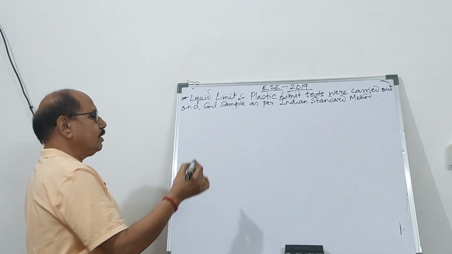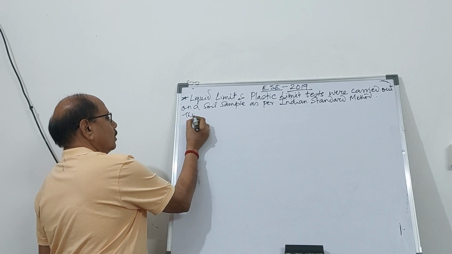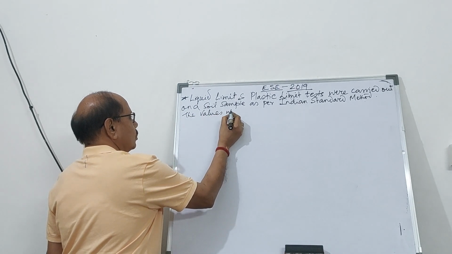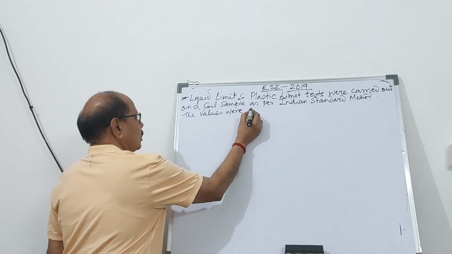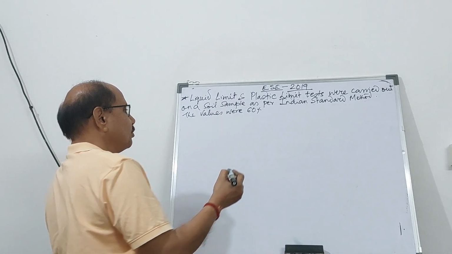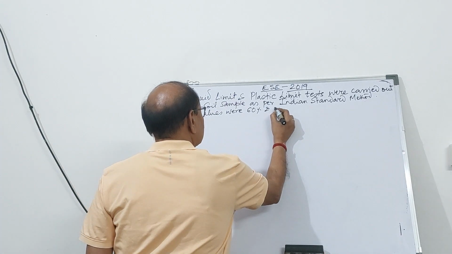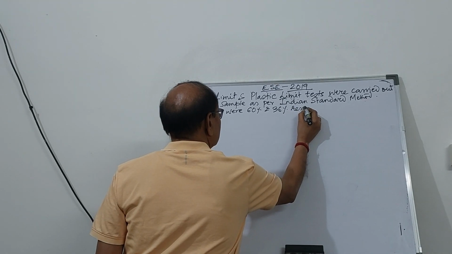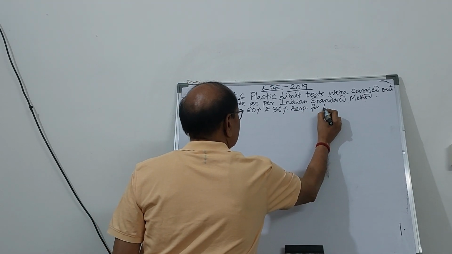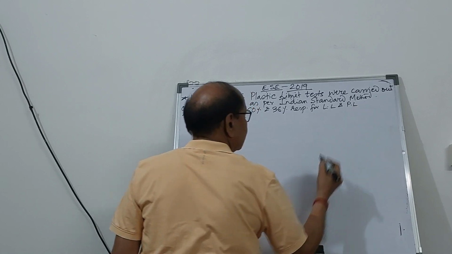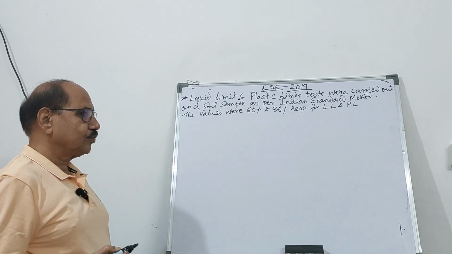The values were 60% and 36% respectively for liquid limit and plastic limit.